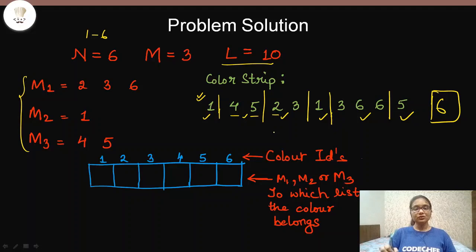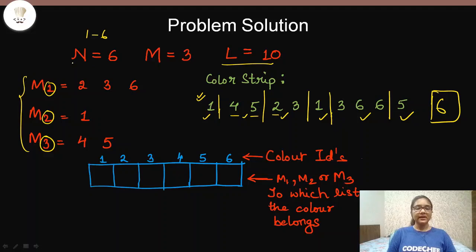It means you want to have something concrete which tells you which list this color belongs to, and then you can use this list number to keep a check on that. Since m is equal to 3, there will be 3 lists which can be represented by using 1, 2 and 3. So you can use a data structure that stores which color belongs to which list.